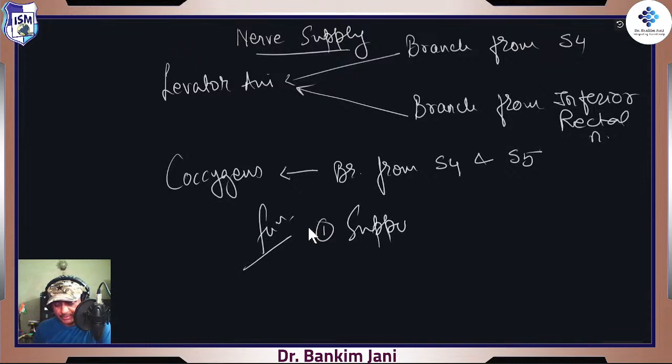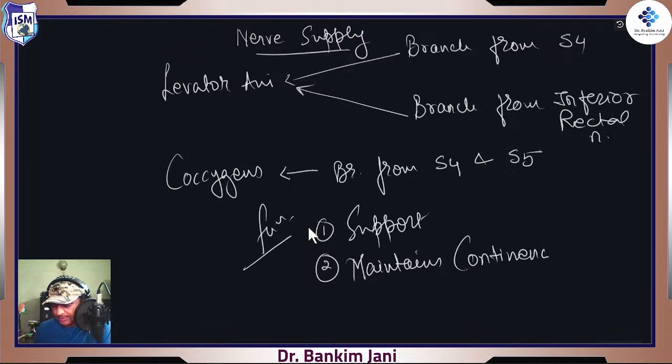That would be the main function. And the second important function, it maintains continence. And what was continence? Continence is the ability to hold the urine or the feces. So it helps in bladder and it helps in rectum.